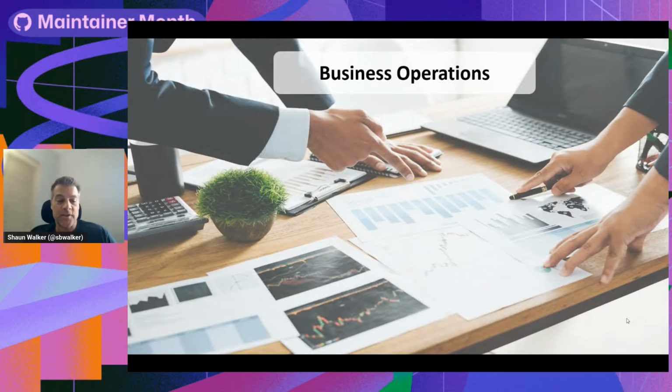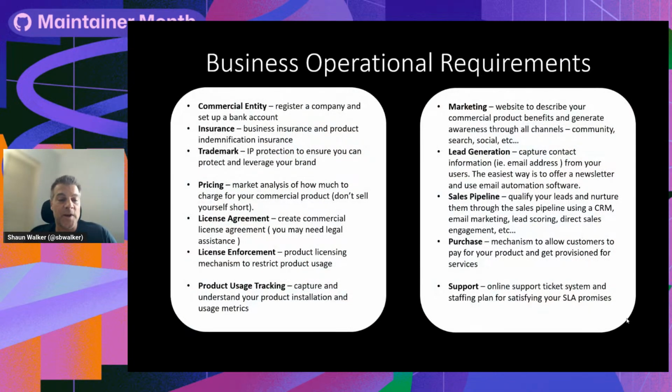Transitioning an open source project to become more commercial has some challenges around it, and that is around the business operations side. Obviously, you are going to have to treat your open source project more as a real company. You're going to have to actually set up a commercial entity and register the company. You're going to have to worry about things like insurance and trademarks, and come up with some kind of pricing model.